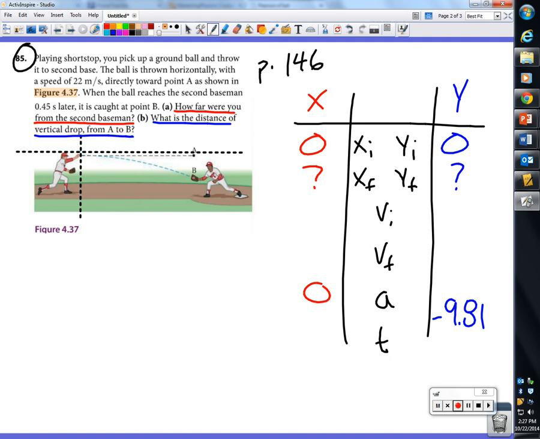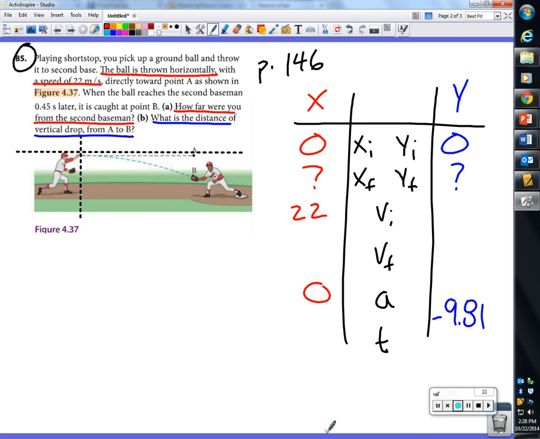Okay? What other information did they give us to work with? Okay, they gave us a velocity, right? Luke, what does it tell us about that velocity? Okay. In this case, it says it's 22, but because it says that we've thrown that ball horizontally, that's going to be our initial velocity on the x-axis.